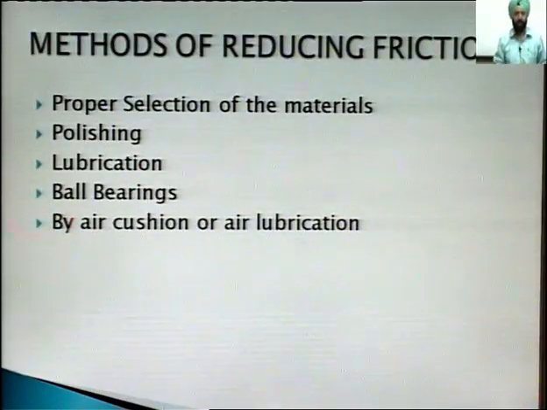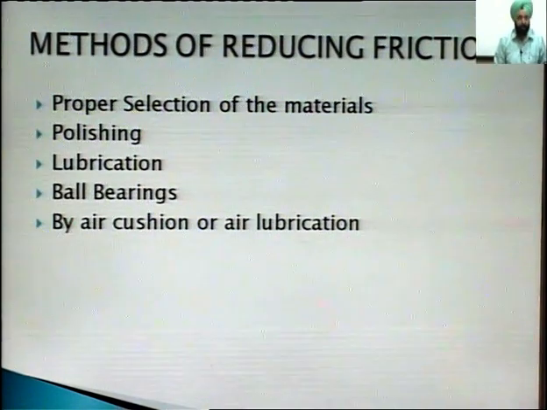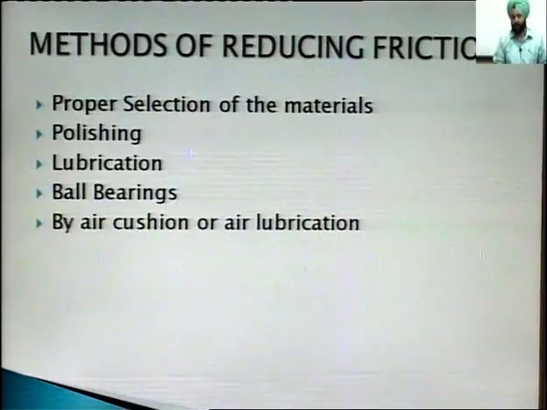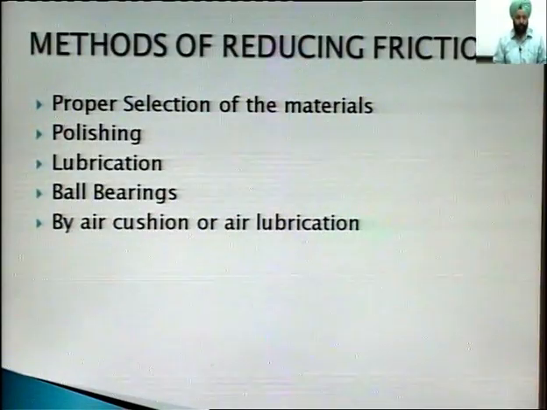It is not that we always reduce friction; sometimes we have to increase it also. Friction is increased by covering the smooth surface with rough materials like sand, so that a vehicle can easily move on the road, because friction is very necessary for the movement of vehicles.